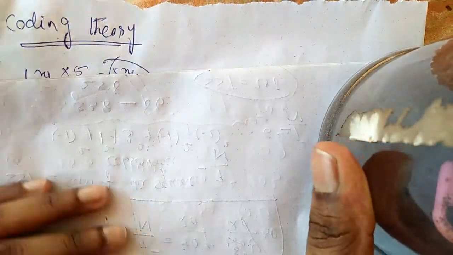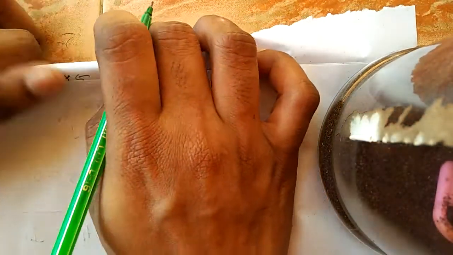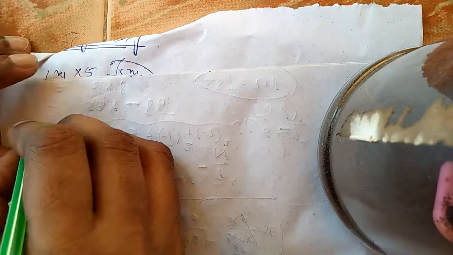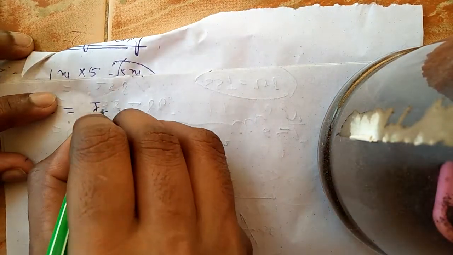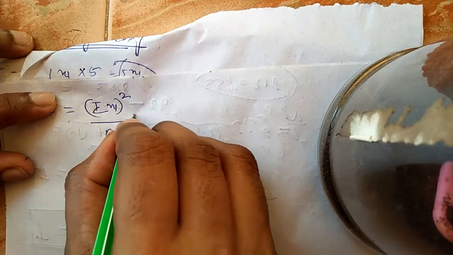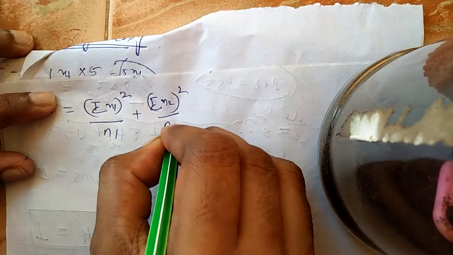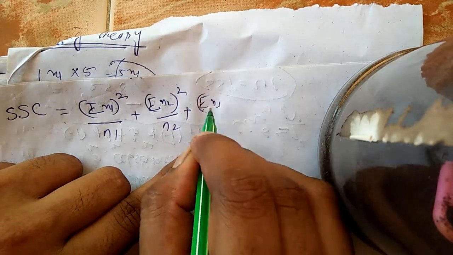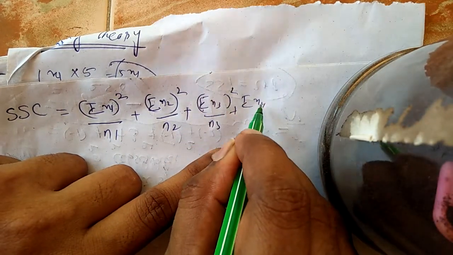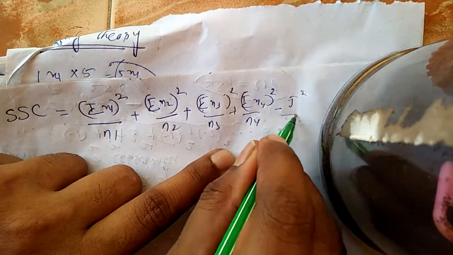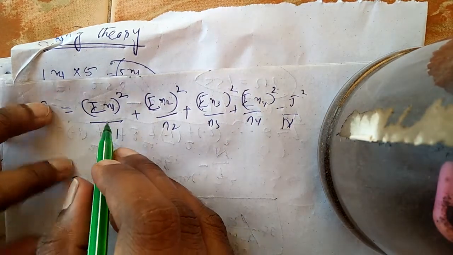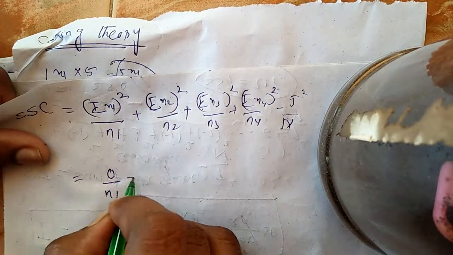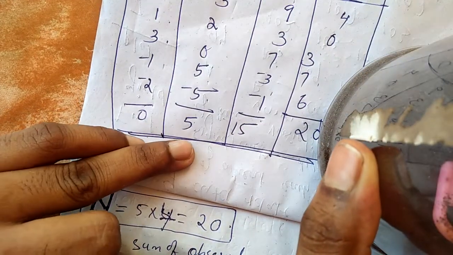Next, SSC. SSC is summation of x1 square by n1 plus summation of x2 square by n2 plus summation of x3 square by n3 plus summation of x4 square by n4, minus T square by N. Summation of x1 is 0, x2 is 5, x3 is 15, x4 is 20.